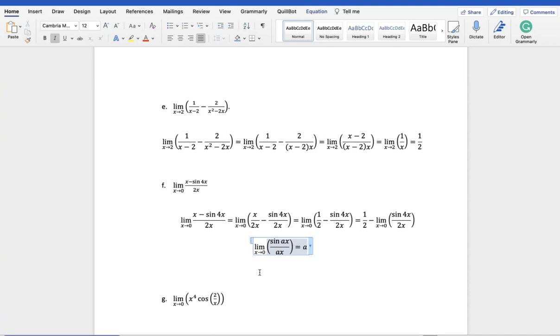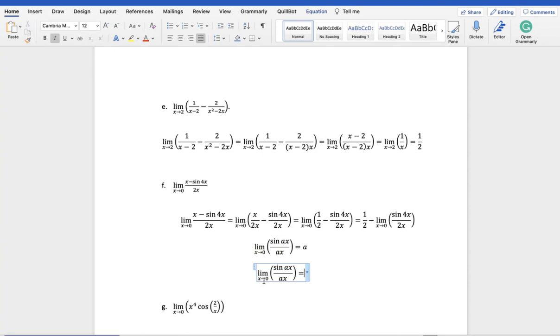I think I've mentioned in the previous examples that we solved when we used this result, it was found using L'Hopital's rule. So as an aside, let's try to prove it.